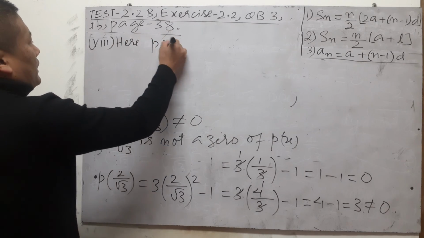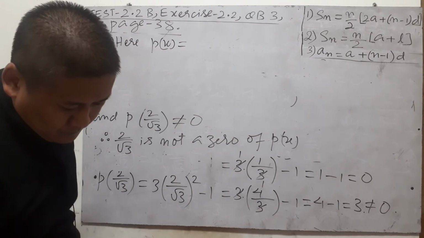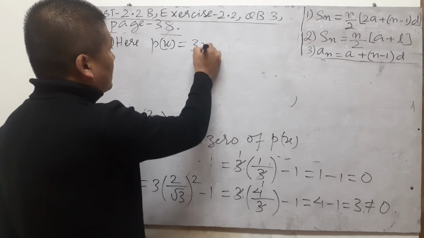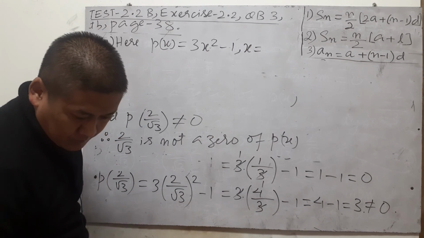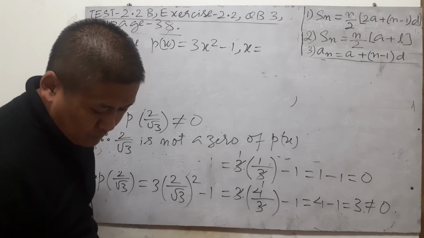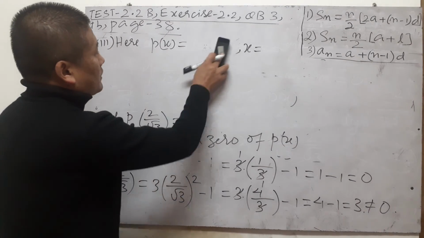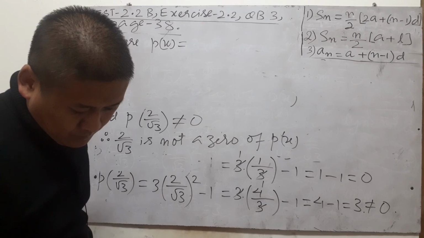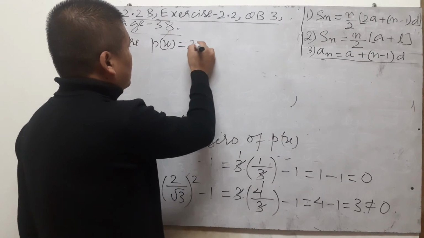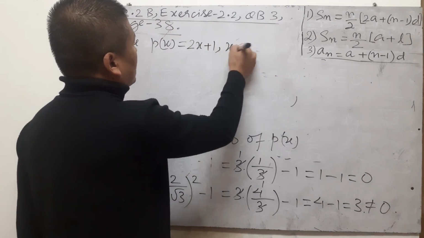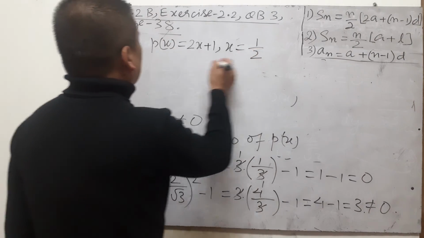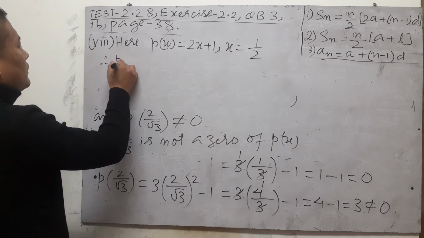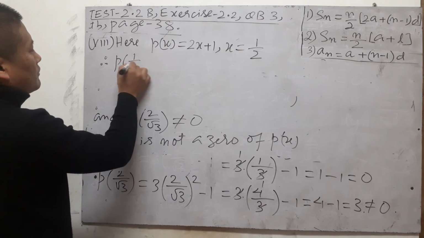here the p of x value is given as, sorry, p of x is not this one, number 8, the last one: 2x plus 1, sorry, 2x plus 1 for a value of x equal to 1 by 2.